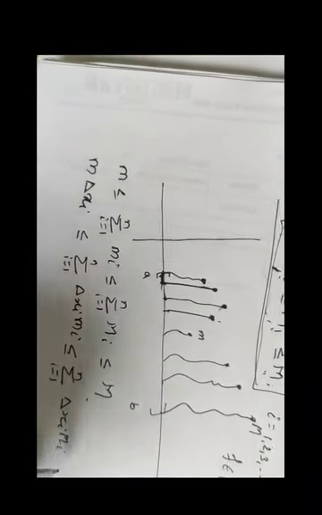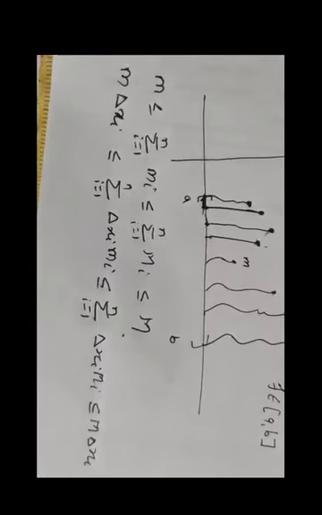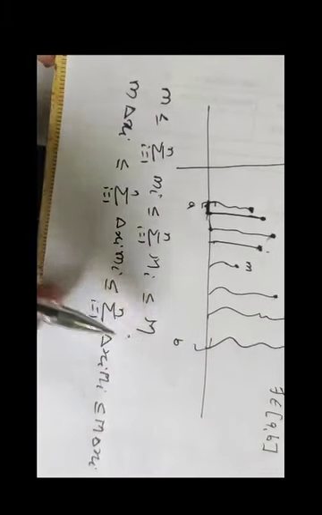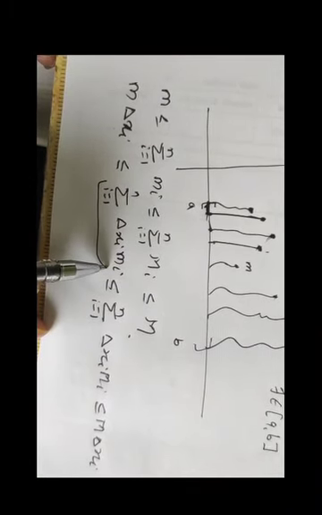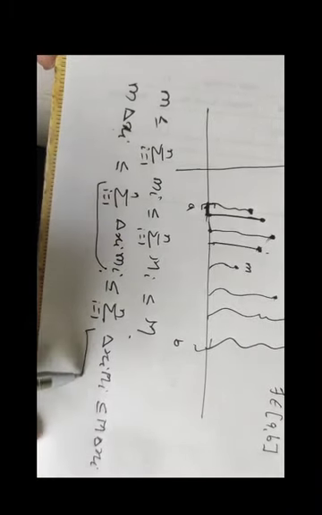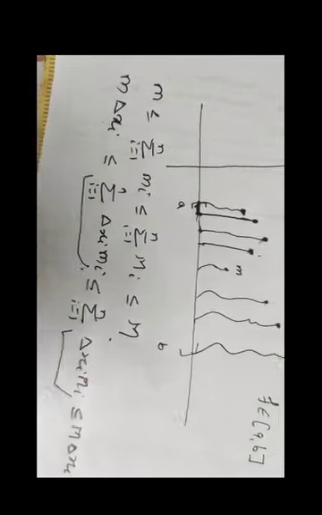So m delta xi is less than or equal to the summation, i from 1 to n, of mi delta xi, less than or equal to the summation of Mi delta xi, less than or equal to M delta xi. Multiplying this inequality by delta xi, we get this. But this is nothing but the definition of L(P,f), and this is nothing but the definition of U(P,f).